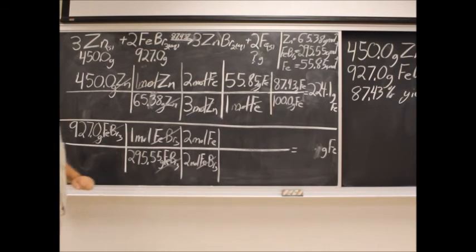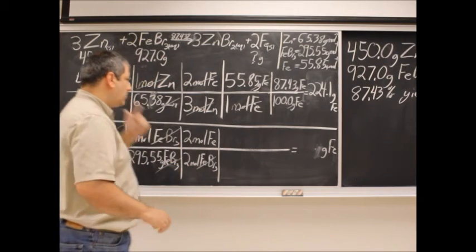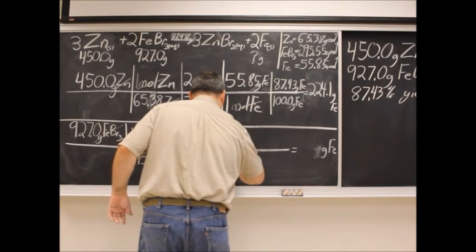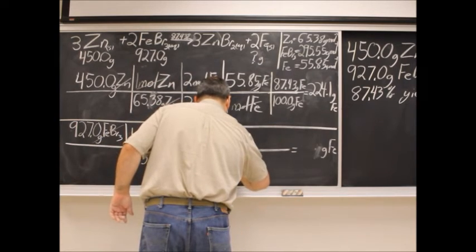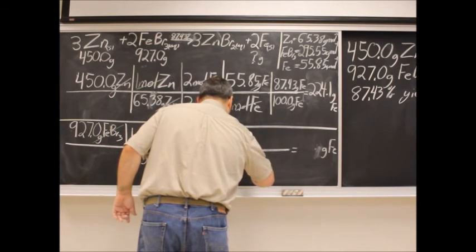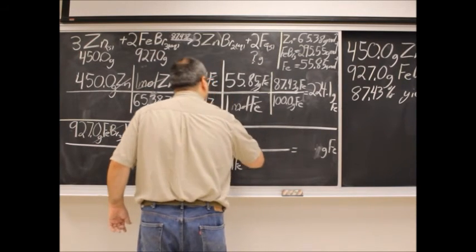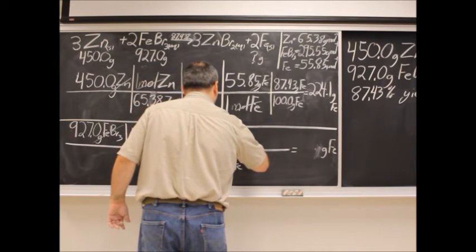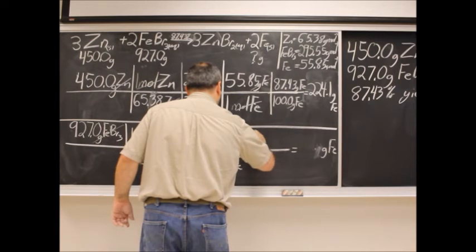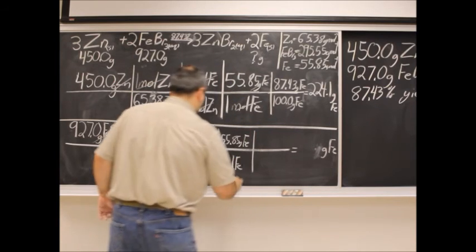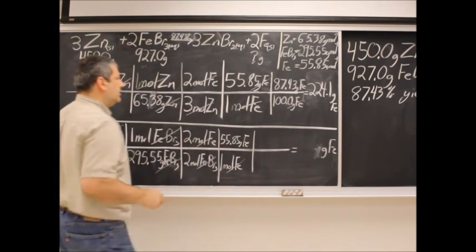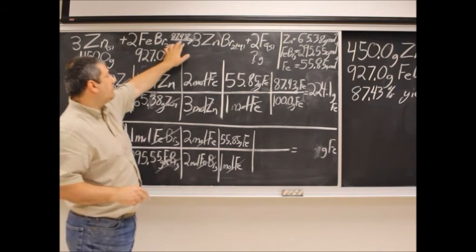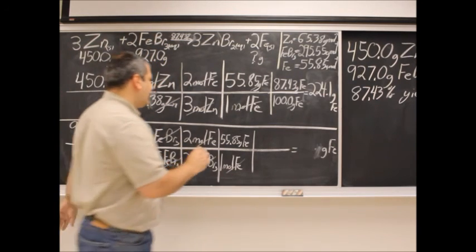And now we can finish the problem exactly as we did for the previous one, except I won't forget to put that in there, hopefully. So 1 mole of iron (55.85 grams) of iron. Moles of iron cancel, and now we're in grams of iron, but again, we have to use our percent yield that was given to us.